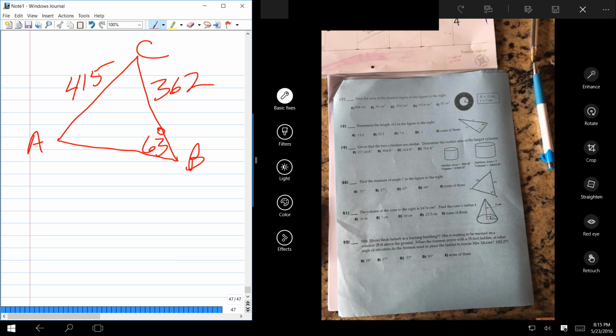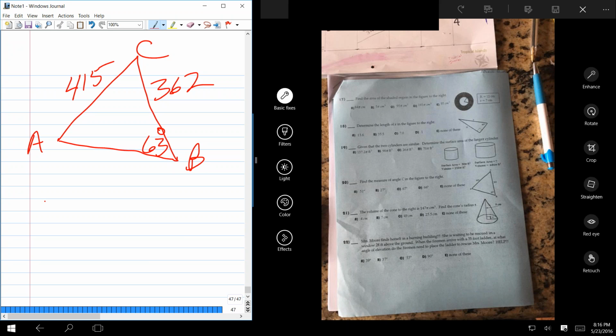They want us to solve for angle C. We can't immediately solve for angle C because we don't know angle C and we don't know the side opposite angle C. So let's see if we can solve for angle A, because if you can solve for angle A, then you can figure out C by subtracting from 180. Exactly. So how can we solve for A?